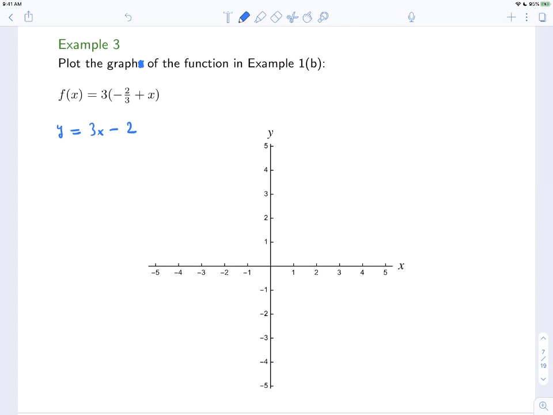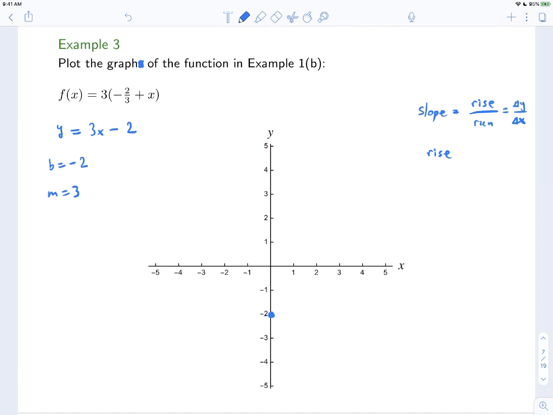So again, we can see that b is equal to negative 2 and m is equal to 3. Now again, the slope is equal to rise over run, which is the difference of y's over the difference of the x's. So the rise tells you how high up you go.